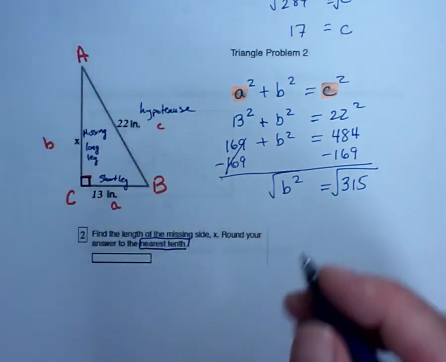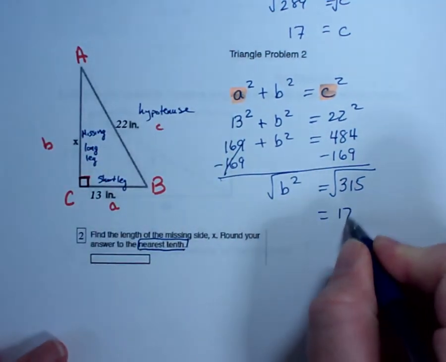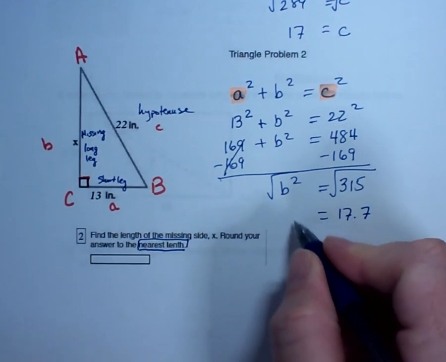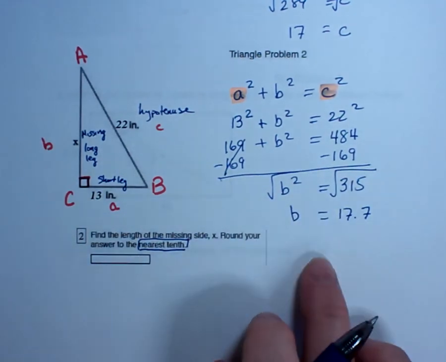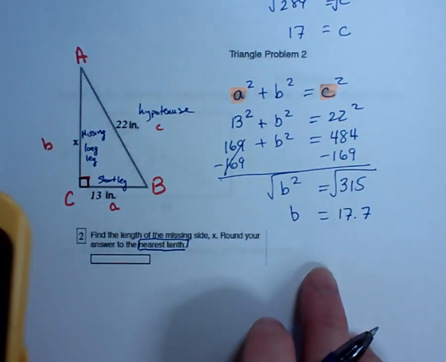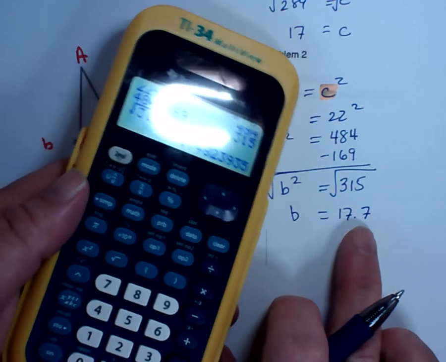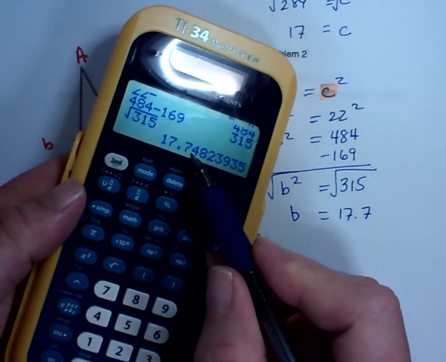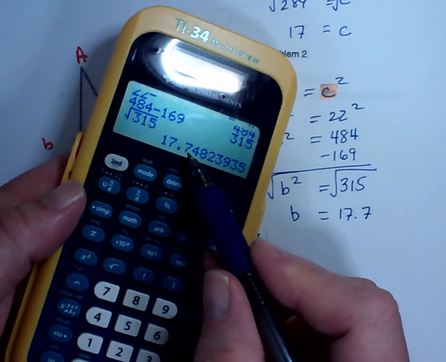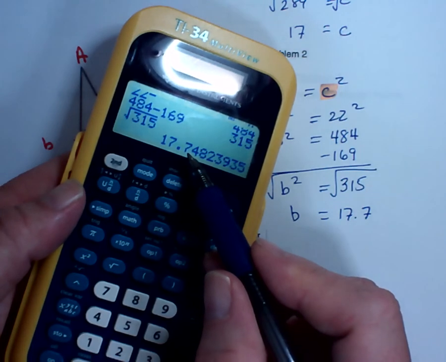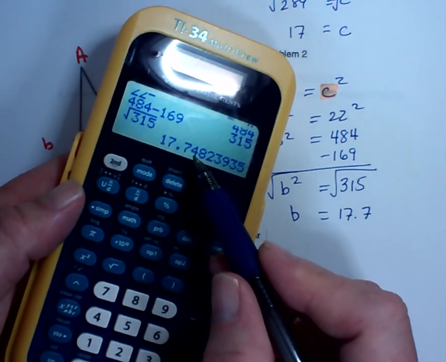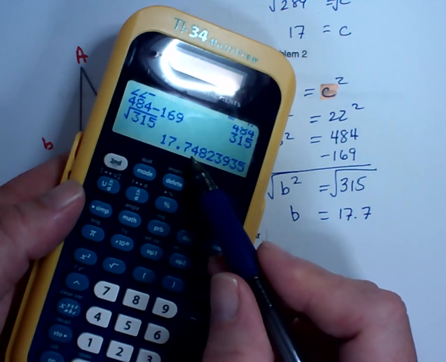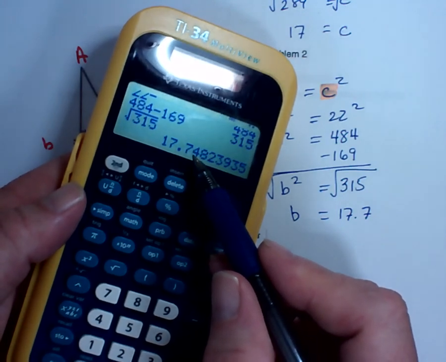I'm going to leave it as 17.7. Really important there, the difference between maybe an A grade on your CSA and a B grade is that crucial rounding. Again, go to the digit you're needing to round for accuracy, which is the tenths. The number's a 7. To the right of it is a 4. So you only round up if it's a 5, 6, 7, 8, or 9.